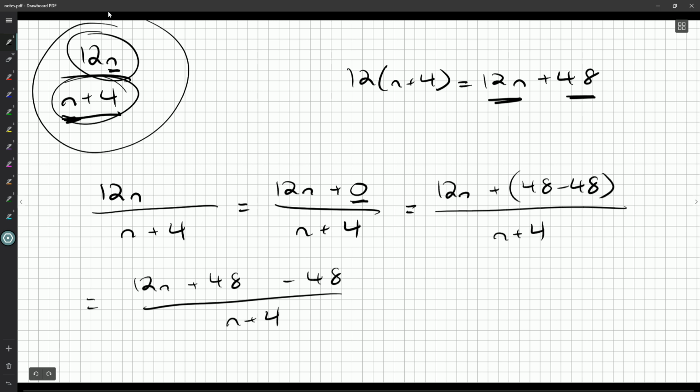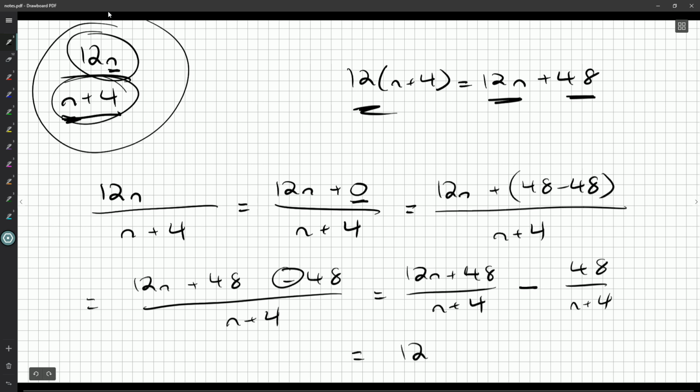So getting rid of the brackets, this is the expression we have. And if we break up the fractions, we get 12 plus 48 over n plus 4, which I know should just be equal to 12, minus 48 over n plus 4. And so this is 12 minus 48 over n plus 4.